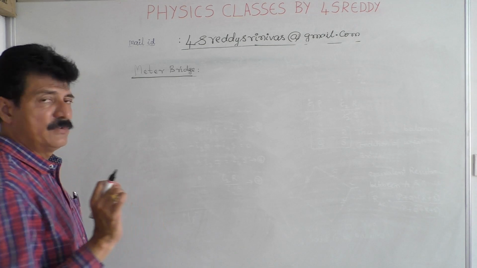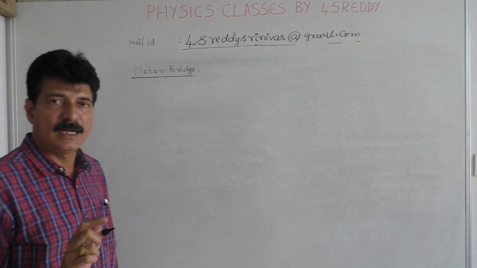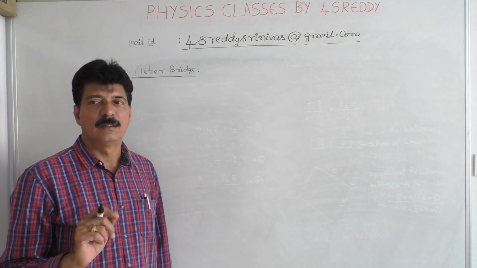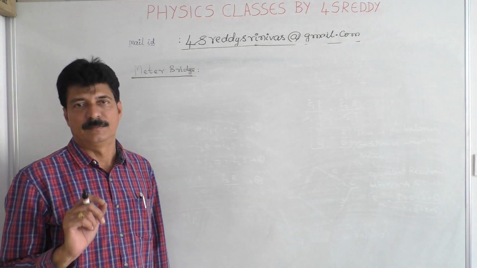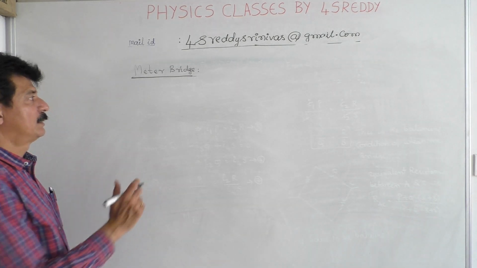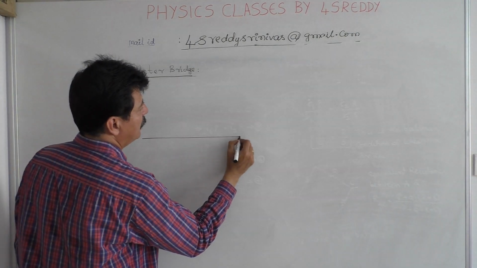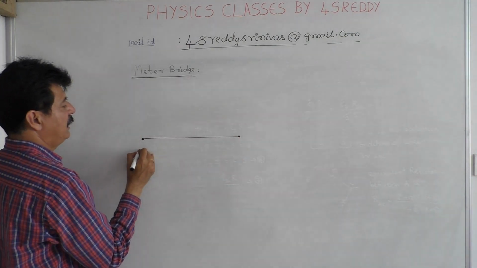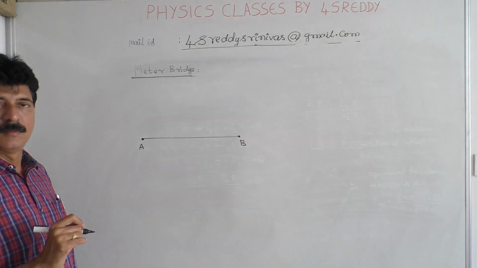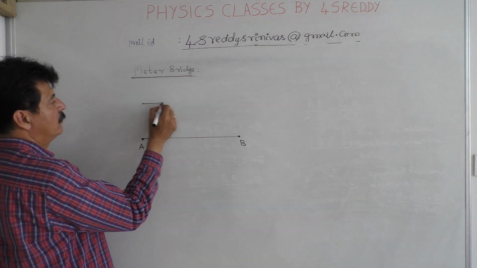In that, it's very simple. This meter bridge will mainly consist of a manganese wire of length 1 meter. It is mounted on a graduated wooden board like this. This is A and this is B, having a length of this. Now, it is connected like this.